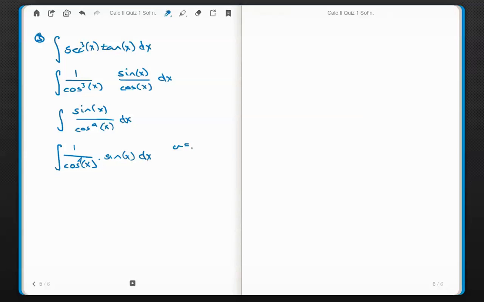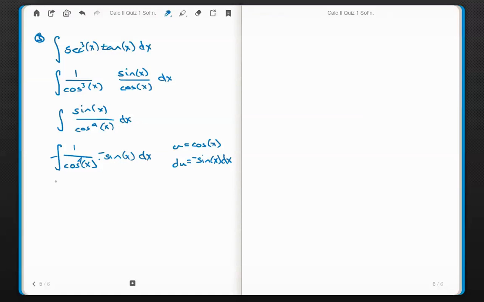u equals cosine of x. So that means du equals the derivative of cosine, which is negative sine x dx. All right. Well, I don't have a negative sign, so I'll put a negative sign there, and put a negative sign out there to keep everything clean.